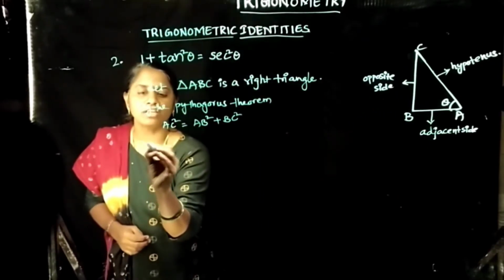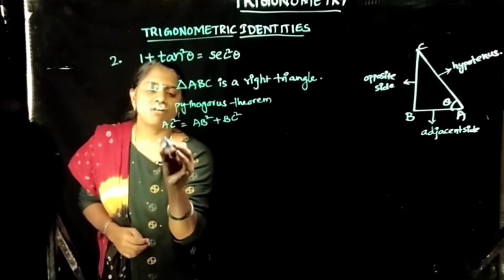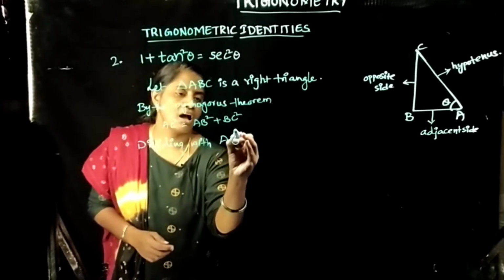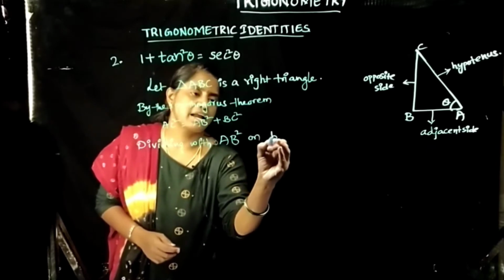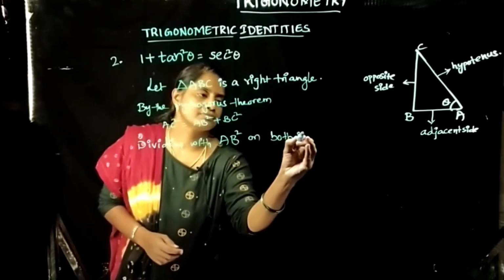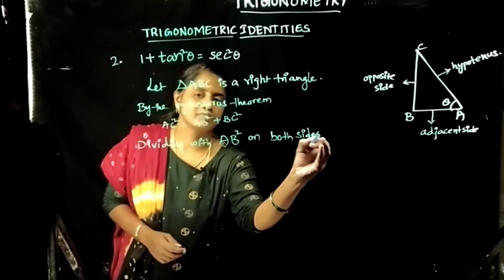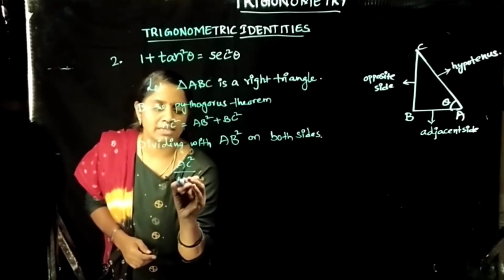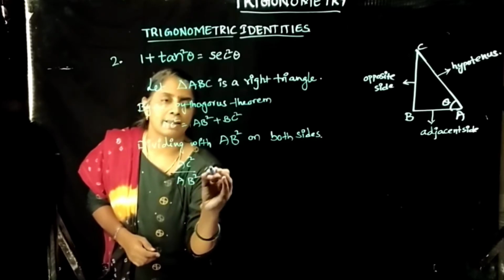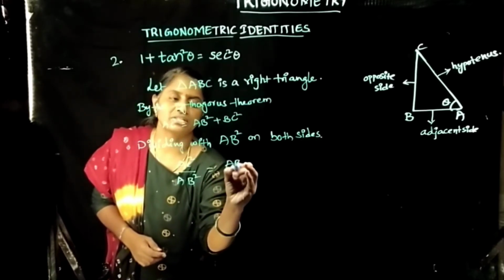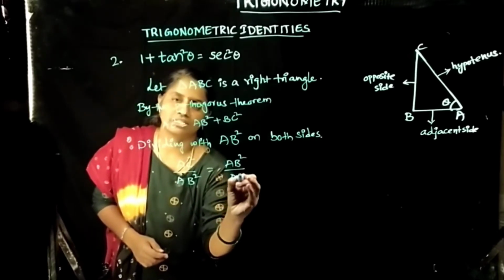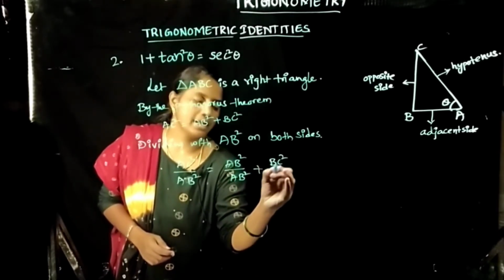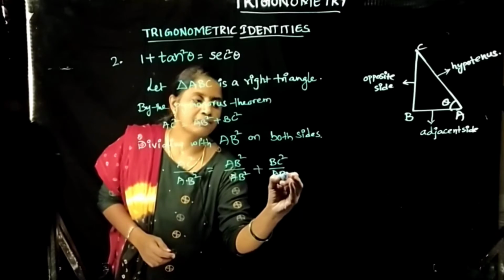Now dividing by AB square on both sides, AC square by AB square is equal to AB square by AB square plus BC square by AB square.